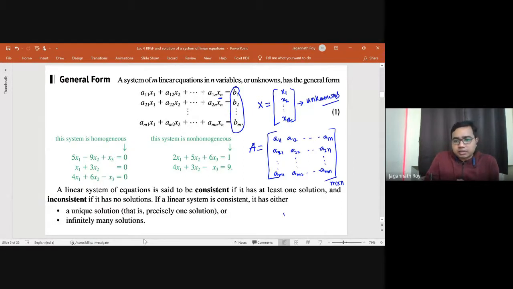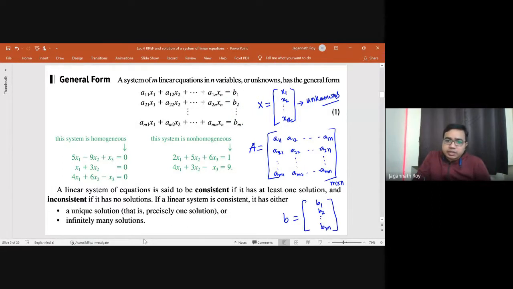Here B is the vector b1, b2, bm. Aij and Bj are all known. The only thing we have to find out is the values of x1, x2, and xn. So that's our task.